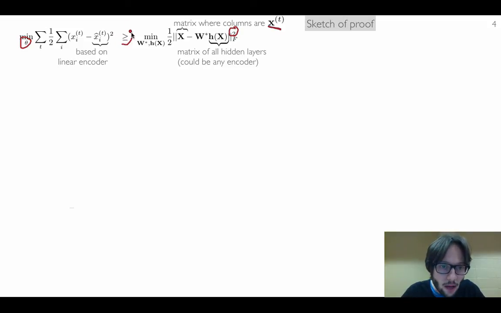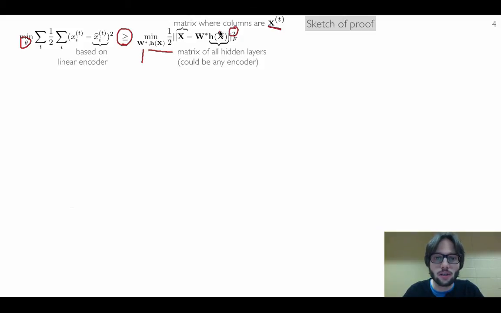Now notice here that we have a greater or equal. We don't have an equal. That's because I'm also going to assume that H of X here is any matrix whatsoever of size number of hidden units by number of training examples.